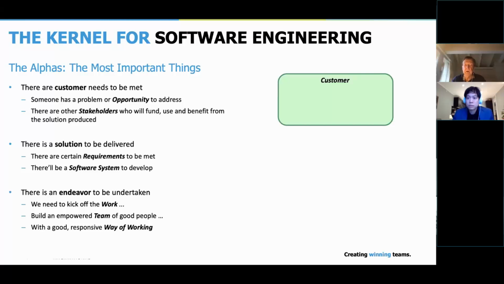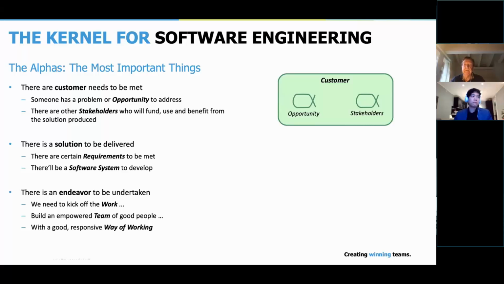Someone has a problem or opportunity to address. That's why we build. If there's no opportunity, we don't do anything. And there are stakeholders who will fund, use, and benefit from the solution produced. So we have two alphas here in this space.